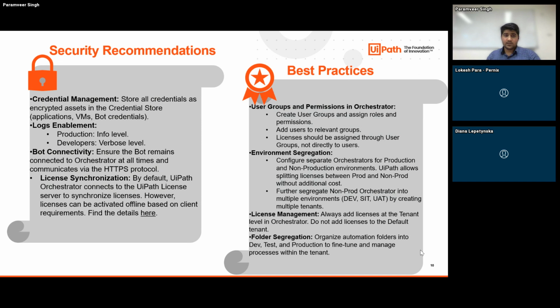The next one is the logs enablement. It is recommended that the production log level should be Info level, and for developers, we can use Verbose level. In production, we keep the log levels at Info only, not Verbose or other levels, because a production bot will be running continuously.